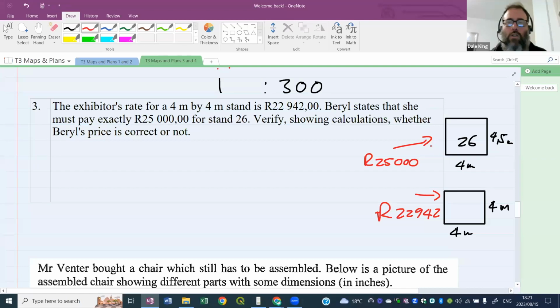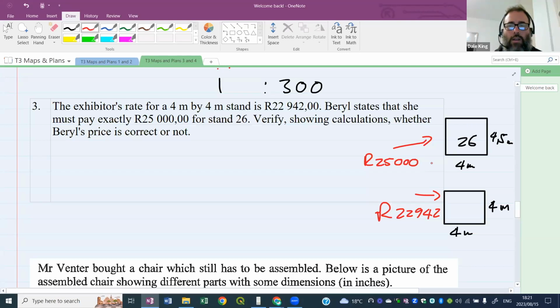Should the top one cost 25,000? How can we compare these two things? We've got to compare apples with apples here. Obviously, when the people make this price, it's for the area of that stand, hey? Surely. Yeah. So that 20,942 is for the area of that stand.